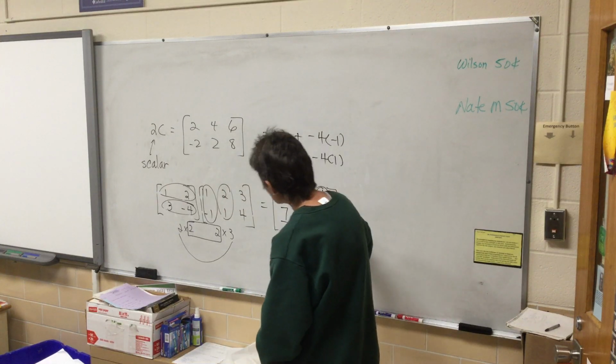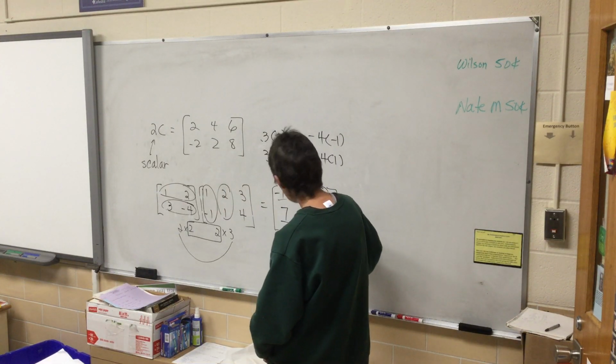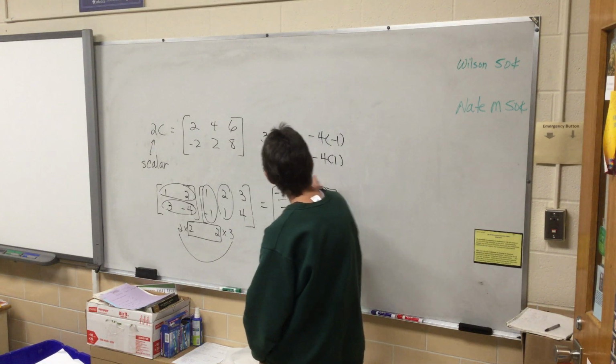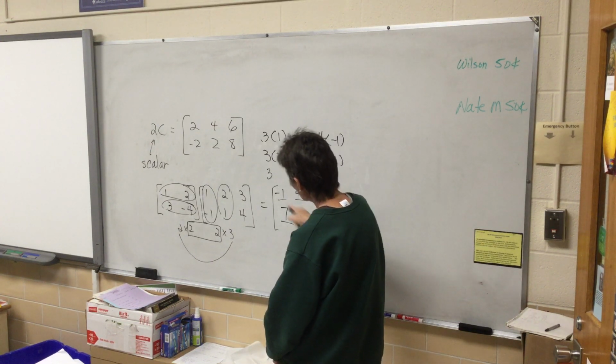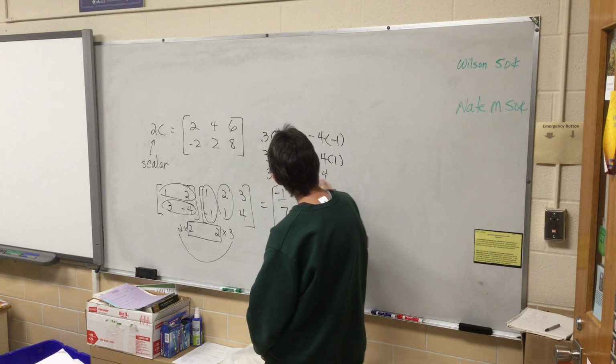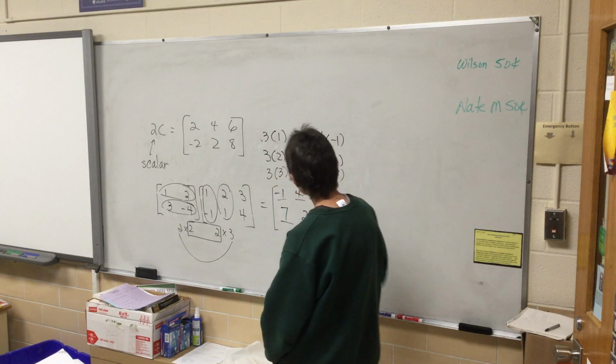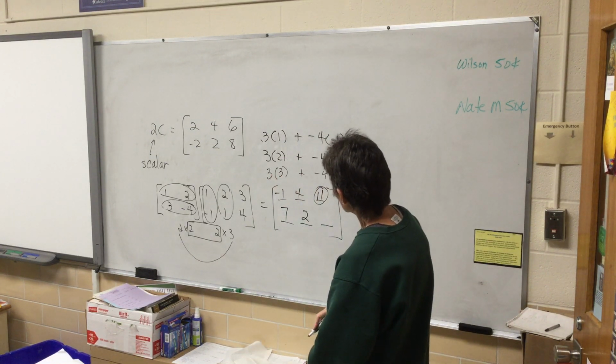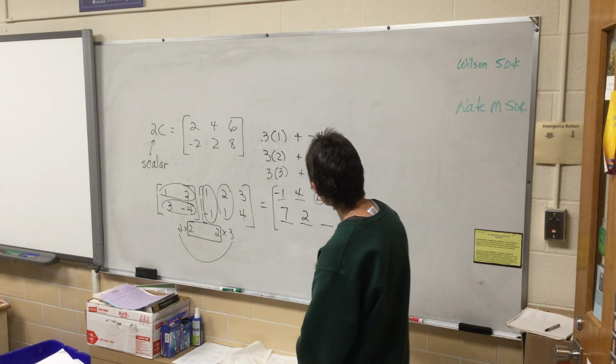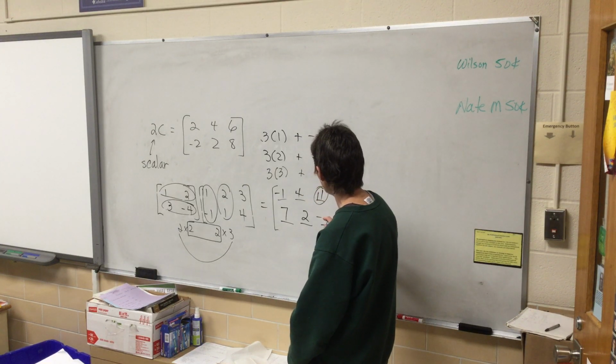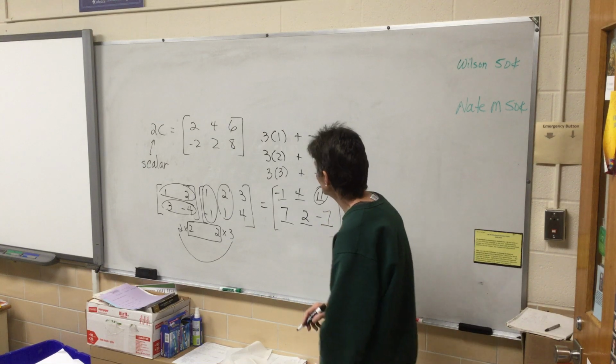And then finally, this number, again, I'm in my bottom row, so I'm using my 3 and my -4. But now I'm using my third column, which is 3 and 4. So multiplying each pair and adding them up gives me -7.